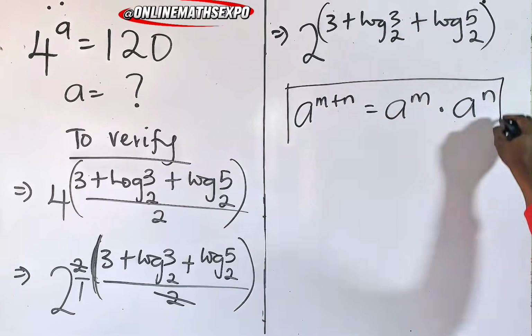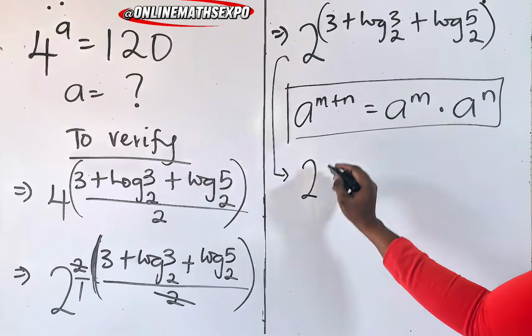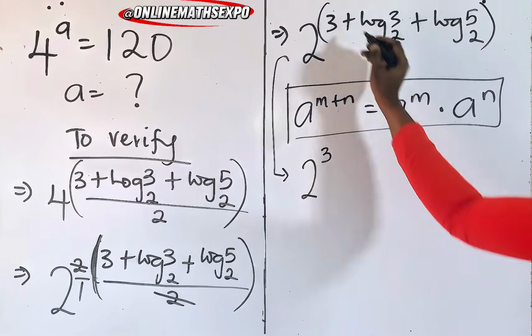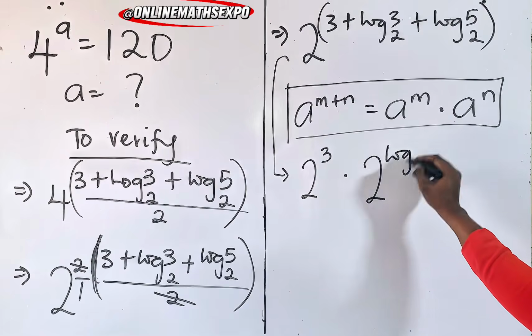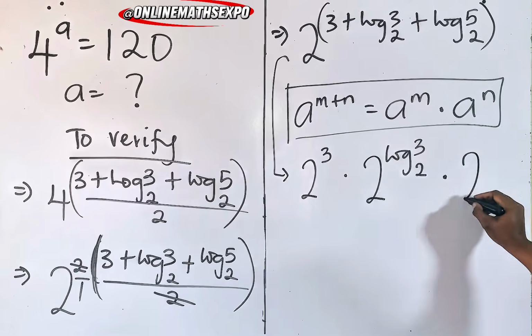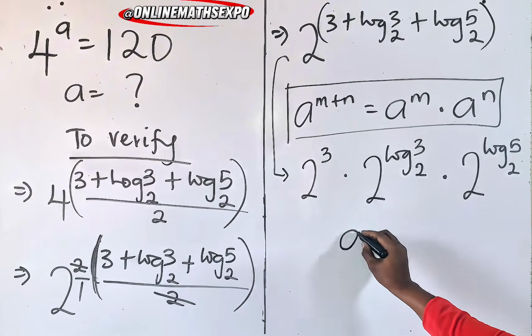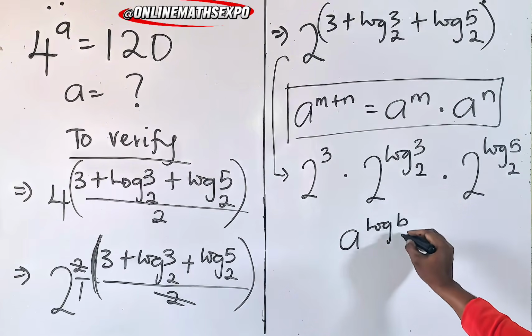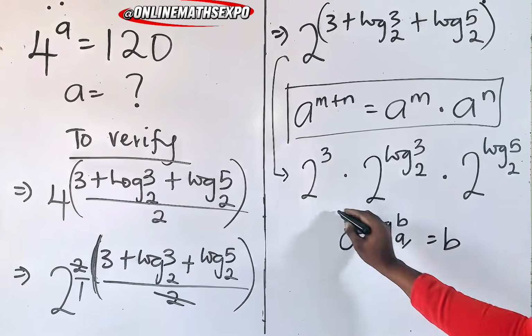Now if you apply this rule here, we are going to have from here 2 to the power of 3, multiply, 2 to the power of log 3 base 2, multiply, 2 to the power of log 5 base 2. Remember also, for every a to the power of log of b base a, these two bases are the same, it gives you b as an answer.